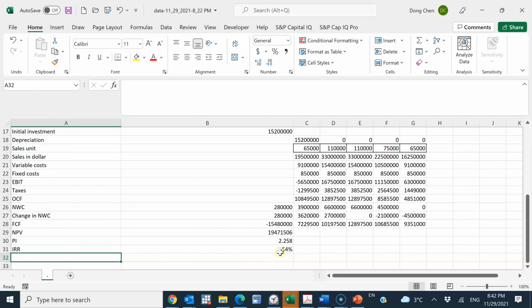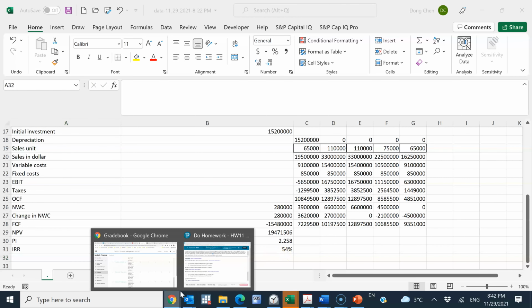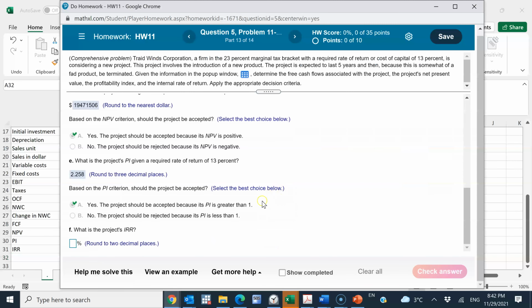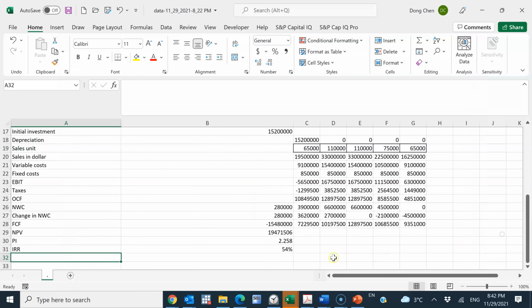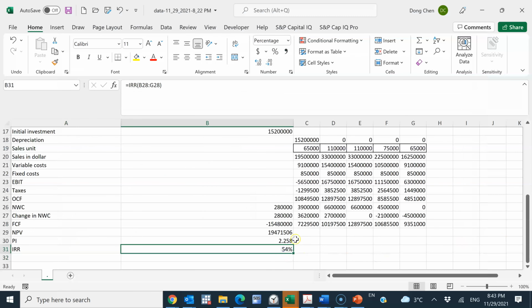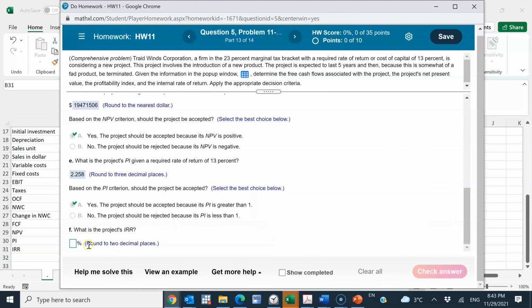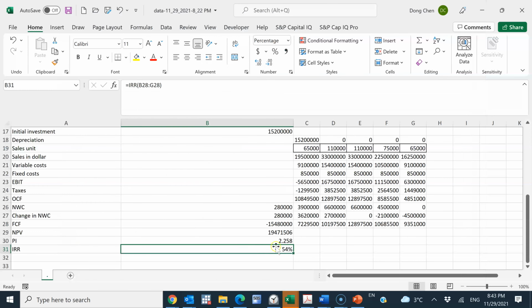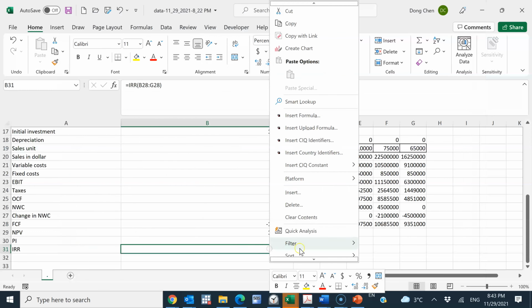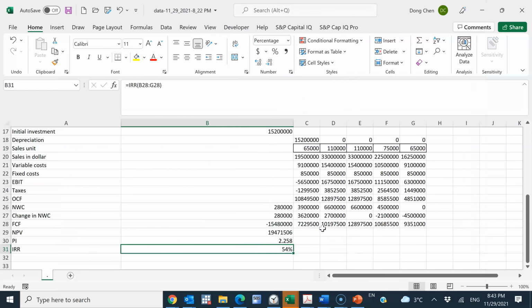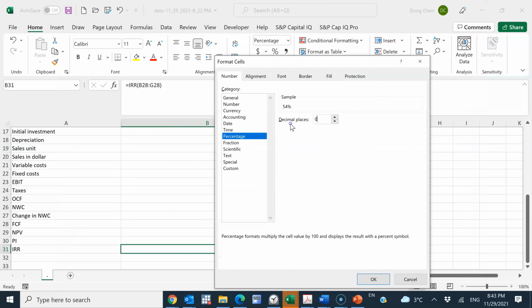The reason why I see 54% here might be that I chose to keep 0 decimal places in percentage format. But you have to go back and check the rounding requirement: round to 2 decimal places. So I have to format the cell again to keep 2 decimal places.